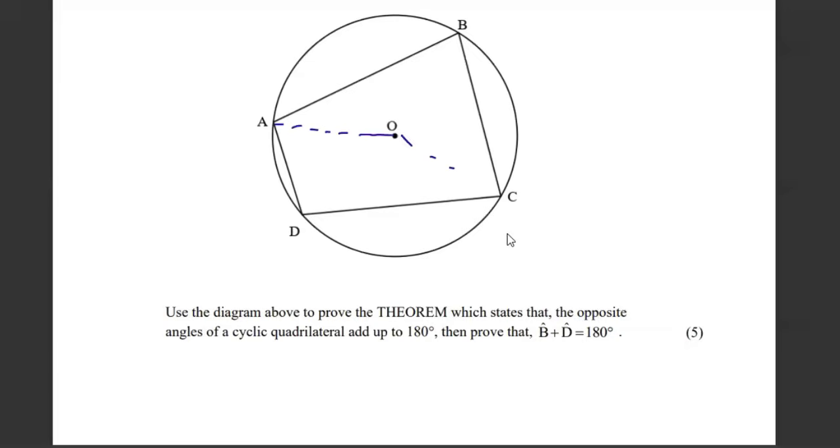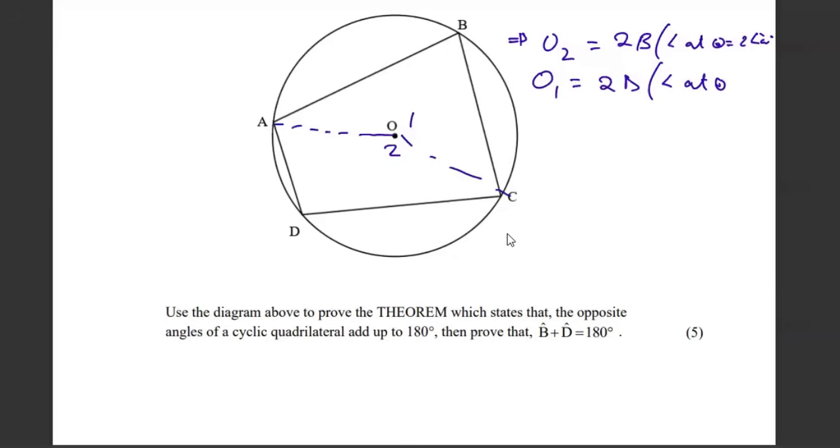Okay, do the construction. Call this O1, call that O2. And then come down and tell us that O2 is going to be twice B. Angle at the center must be twice angle at the circumference. And then O1 is going to be twice of D. Same story.